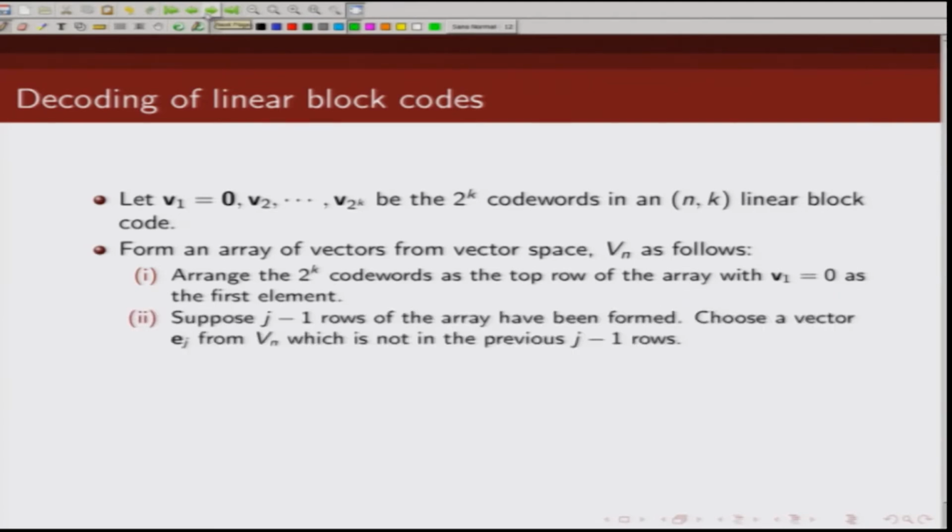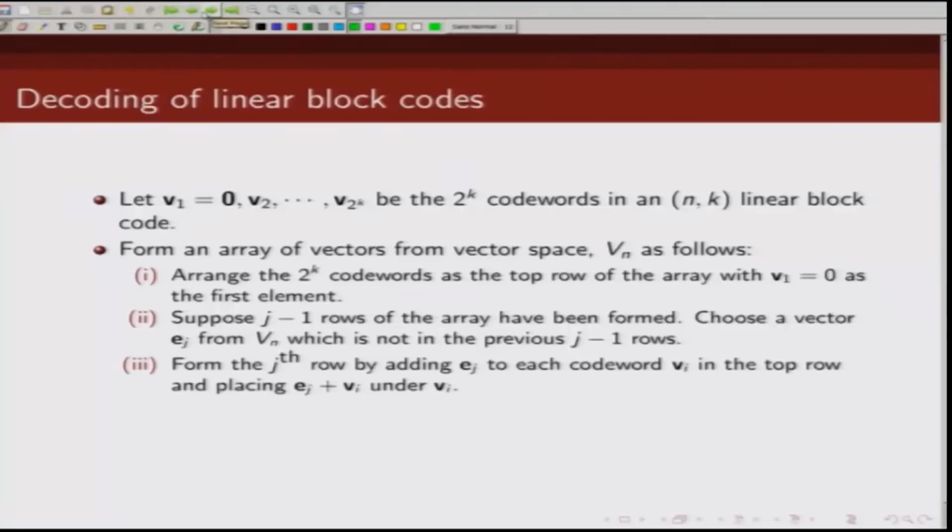Now I am going to tell you how we are going to form this array. Suppose we have already formed j minus 1 rows of this array. Then we choose a vector E_j from vector space Vn. So we pick an n-bit error vector which has not been chosen previously in any of the previous j minus 1 rows.